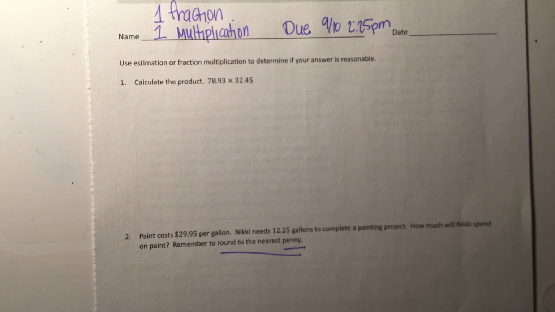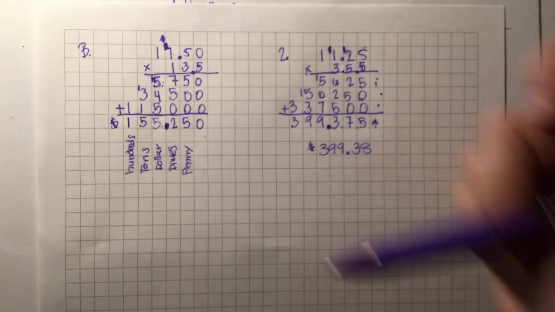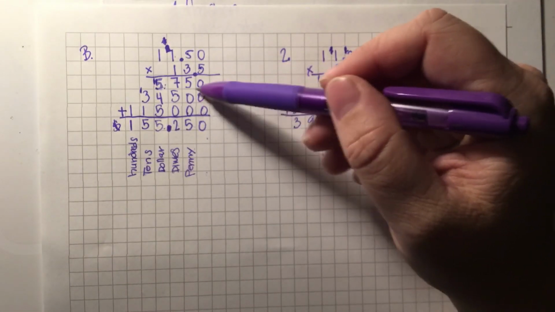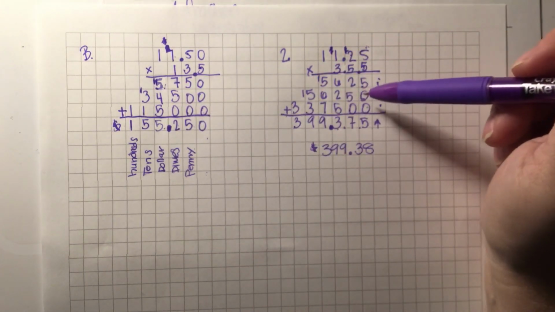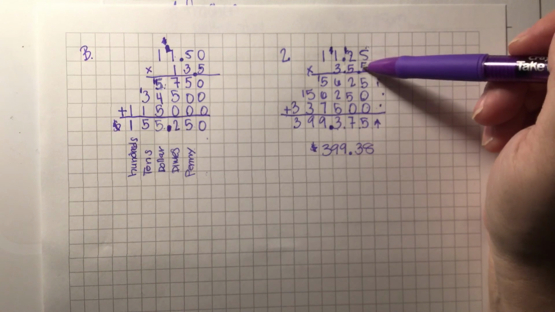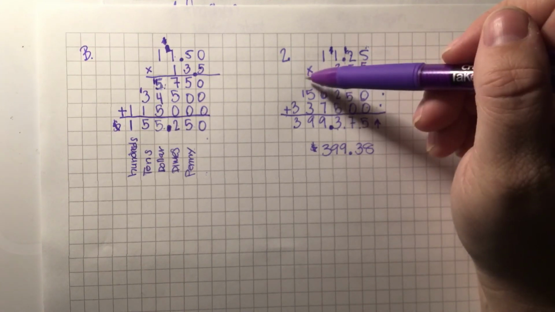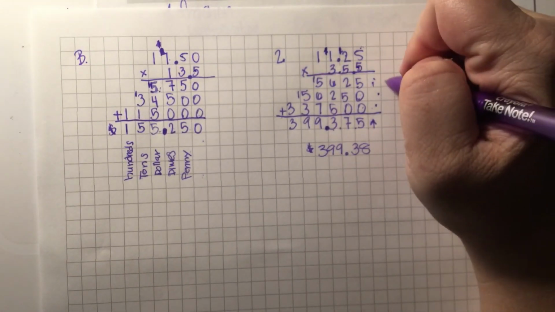Please come back to me and ask me questions, especially if you're struggling, because I know it's a different concept, this whole placeholder issue. Just think about it this way. When I'm multiplying by 5, that's my first line. This is my 10th.